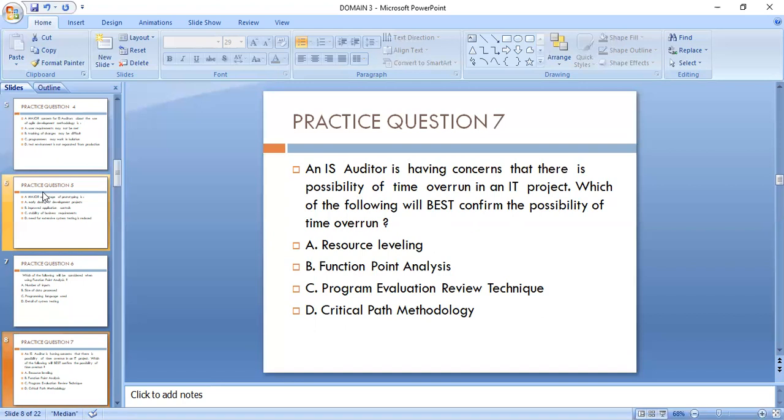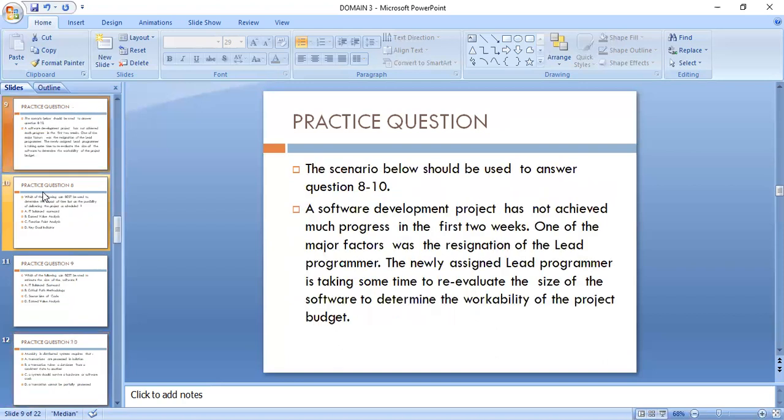So our best answer is actually C, because with PERT, we can have an idea of the duration of the project. So if we look at the percentage of work that has been done, we'll be able to have an idea whether there's going to be a time overrun or not. So note that C and D will do the same thing, but C will give us a more reliable result. Okay, so we go for C.